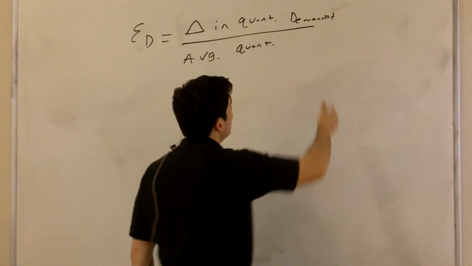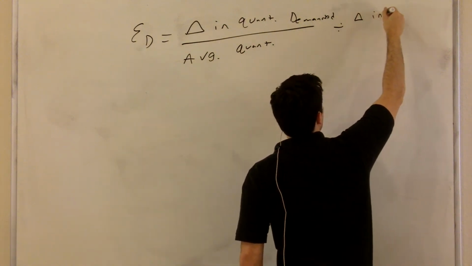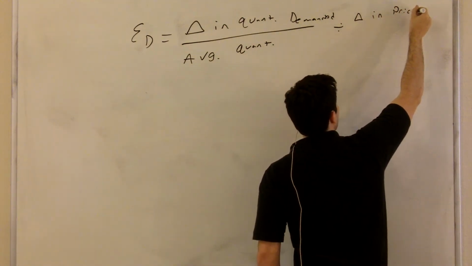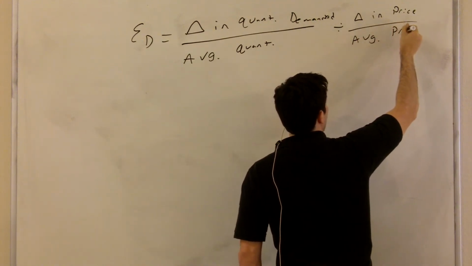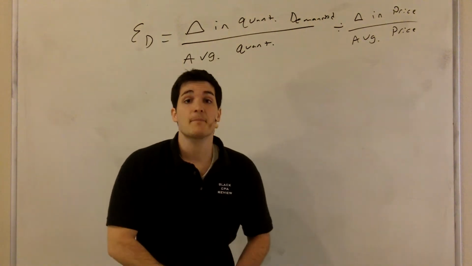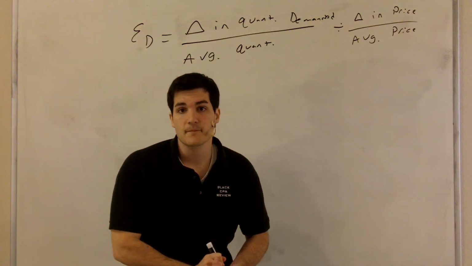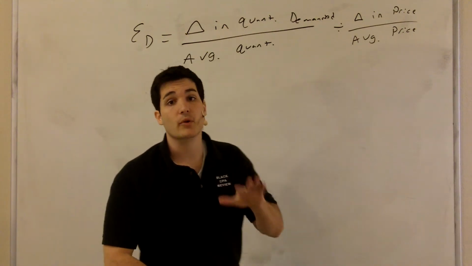So that's the first part. You're going to divide that by your change in price over average price. Okay, so this is the ARC formula for your price elasticity of demand. So it's your change in quantity over average quantity divided by change in price over average price.